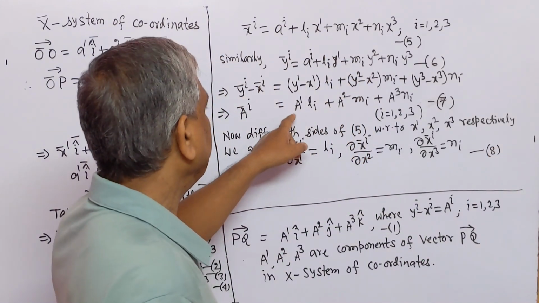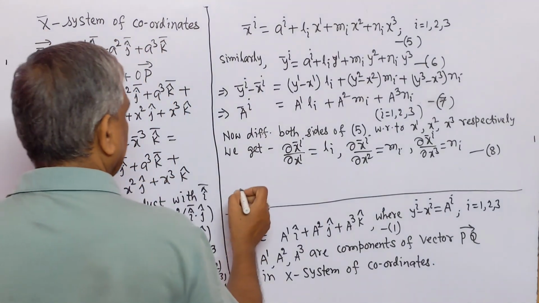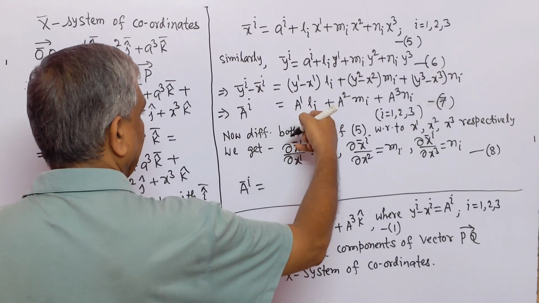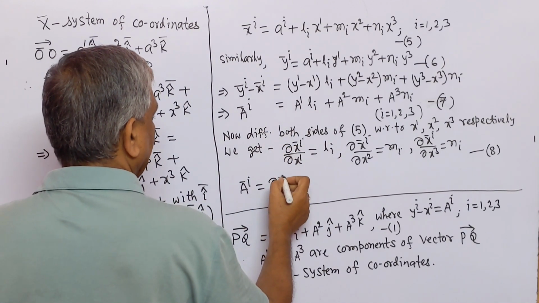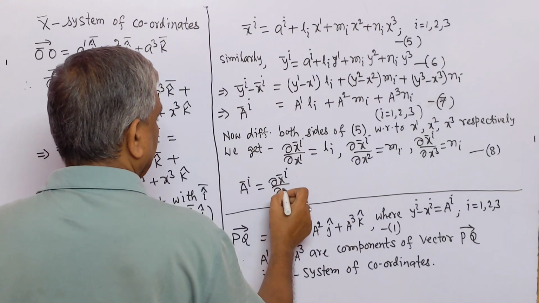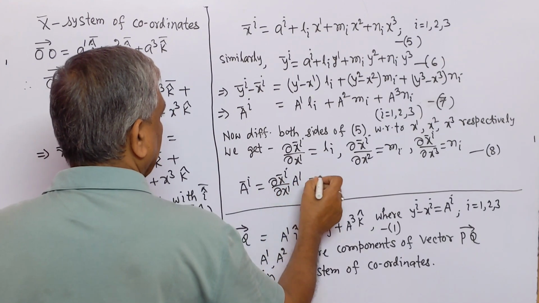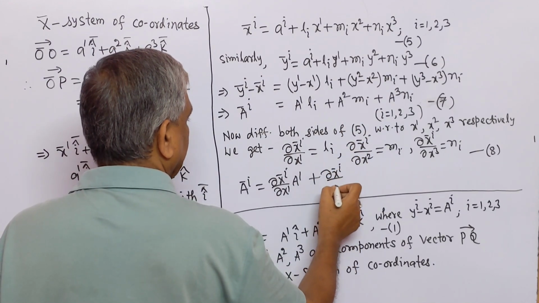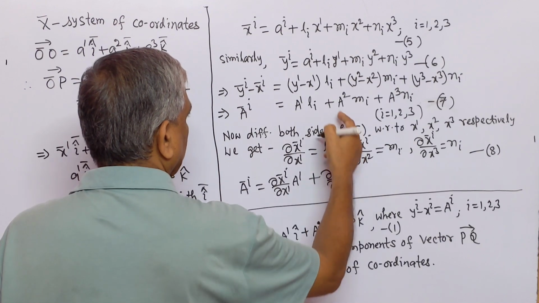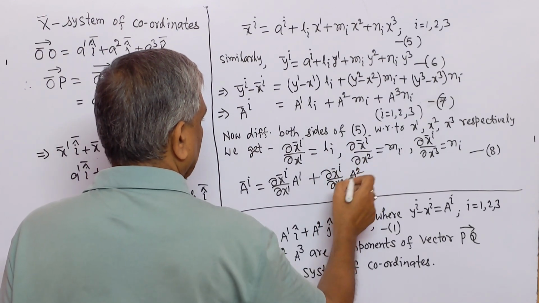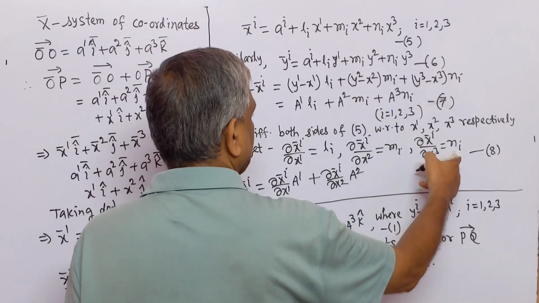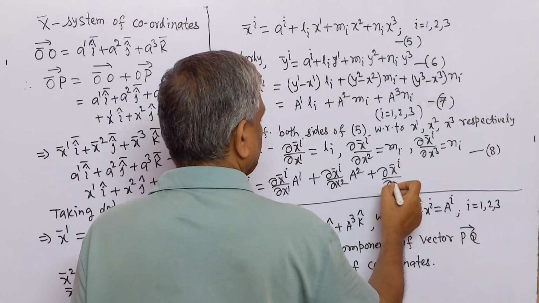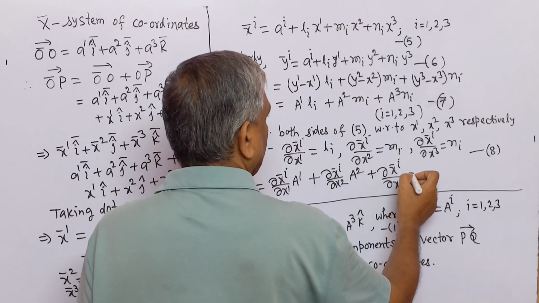Putting these values in 7, we get a bar i equal to, here Li means del x bar i by del x1, a1, here Mi means del x bar i by del x2, a2, and here Ni means del x bar i by del x3, a3.